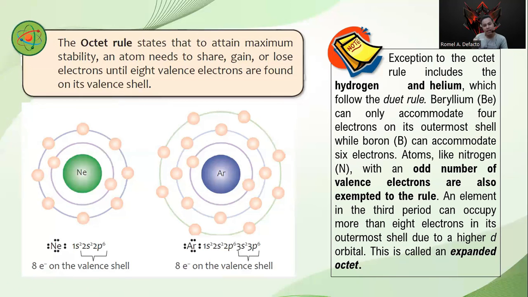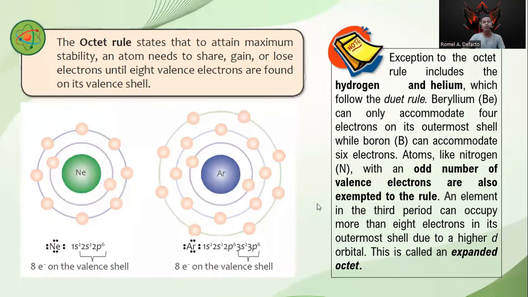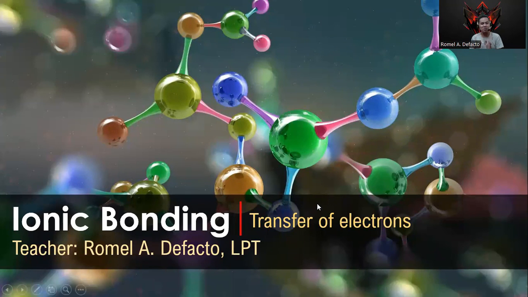But in this case, we are only focusing on the octet rule here and also in our next discussion. So, after showing you how the Lewis dot structure is written and its relationship to the octet rule, we will now proceed with our main topic today, which is all about ionic bonding.